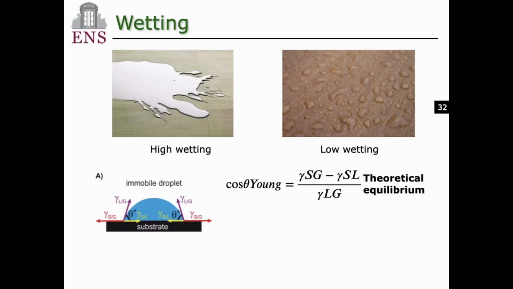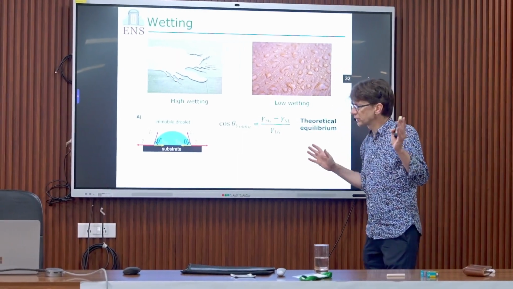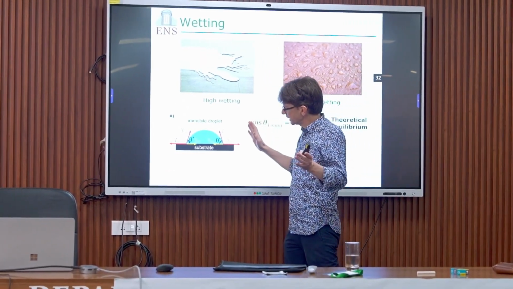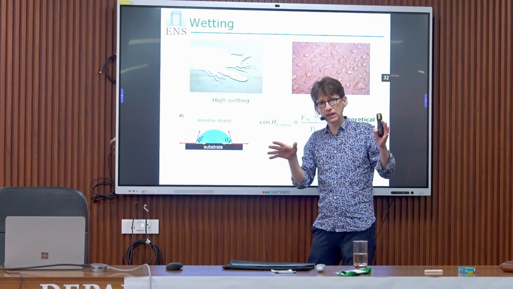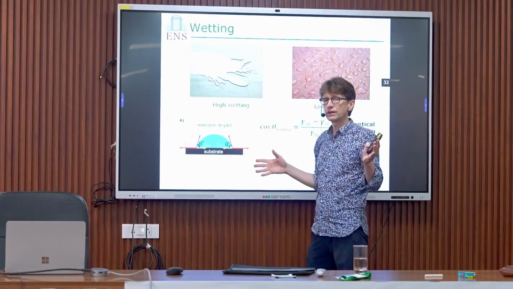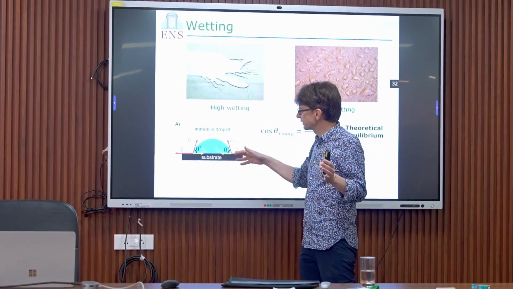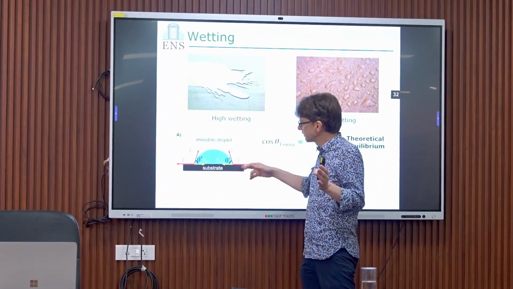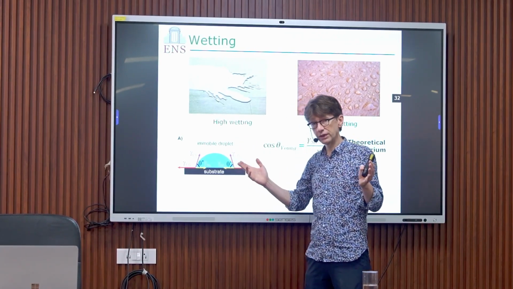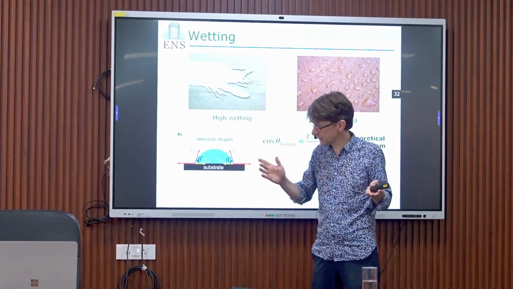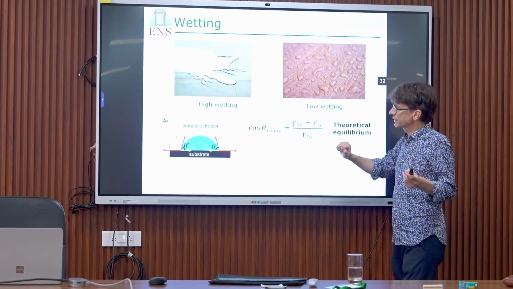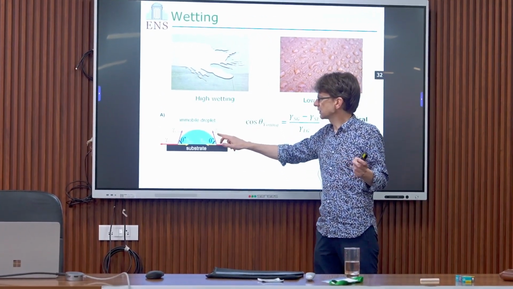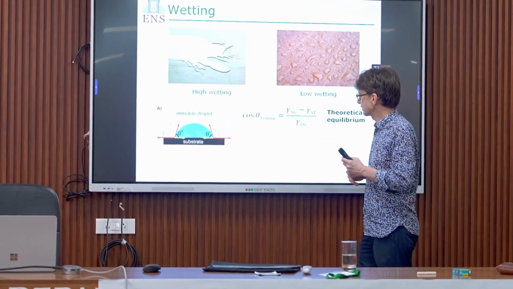So you know that if you consider a theoretical equilibrium where you just have interfacial energy, if I take a droplet on a surface, I just look at the contact line, and if there is no other force, it's only controlled by the difference in interfacial energy between the solid and the gas, the liquid and the gas, and the solid and the liquid. This simple force balance gives you that cosine theta is the difference between these two interfacial energies divided by the liquid-gas interfacial energy.